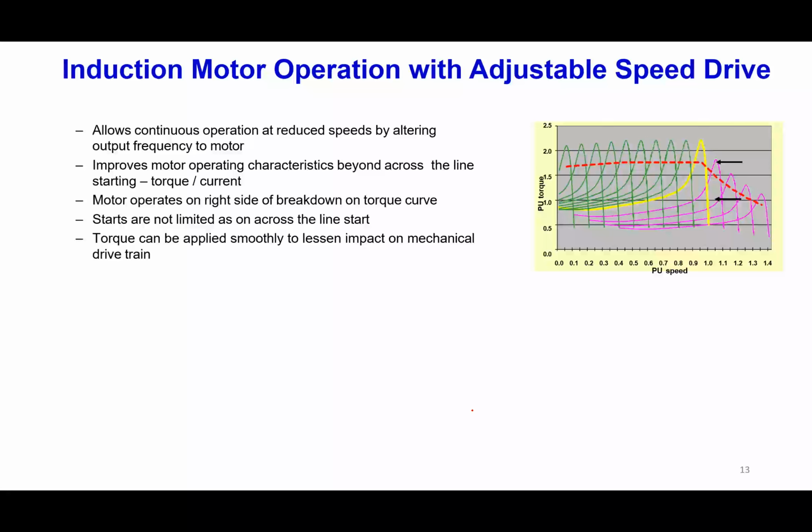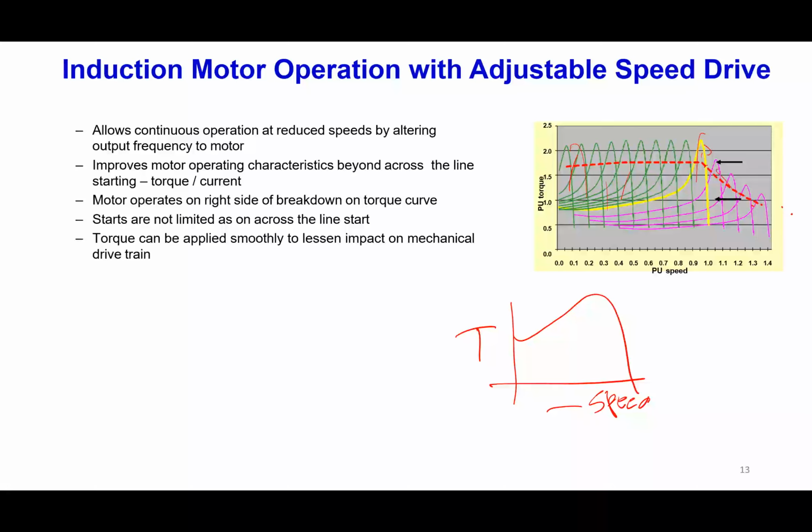So look at the characteristic of the induction motor. This is the torque versus speed for a given frequency. If you vary the frequency, the characteristic changes like this. This is up to base speed. Afterwards, if the speed increases, the torque decreases.